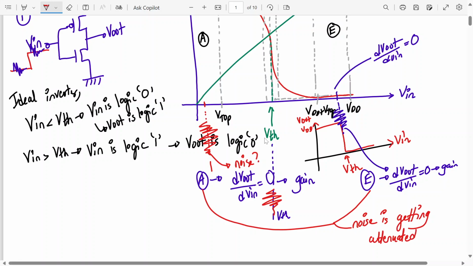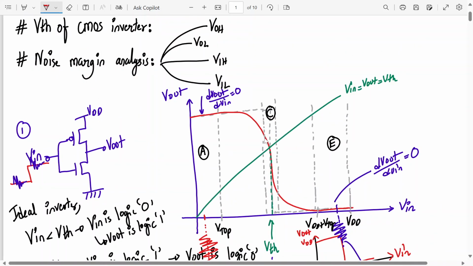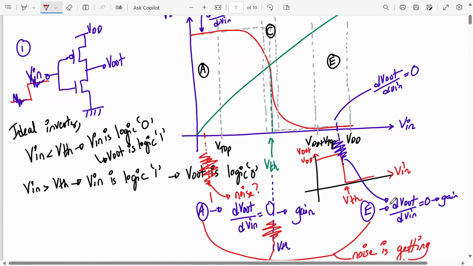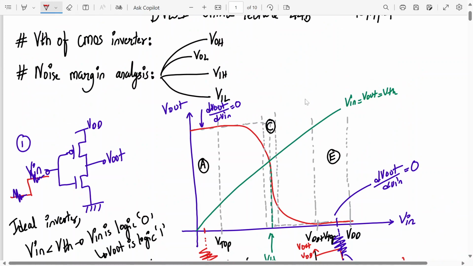In region number C, this is region C. As you can see, in region number C, the gain of the system, if you consider an ideal inverter, the slope of this vertical line is infinite. So here in region number C, dV out by dV in is very high.